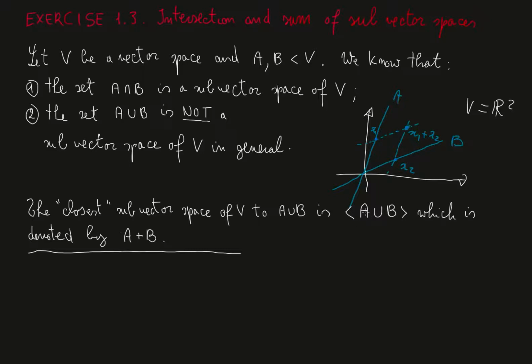In particular, the set is A union B. Therefore, the closest subvector space to the union of A and B is the vector space generated by A union B. Now, in general, this vector space is denoted by A plus B. And A plus B as a set can also be described as the set of vectors which are represented as a sum of an element of A plus an element of B.